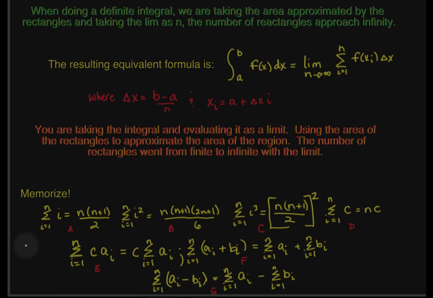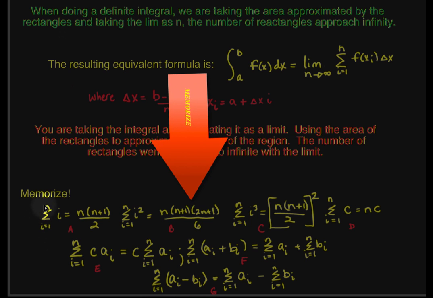So you're going to have to memorize these equations, and what I suggest you do is put on one side the summation of i from 1 to n of i, and then on the other side put what it equals. Same thing for i squared, i cubed. The summation from 1 to n of a constant is n times that constant.